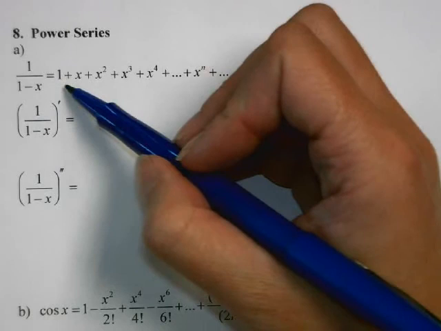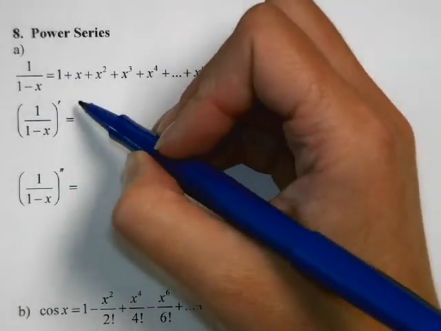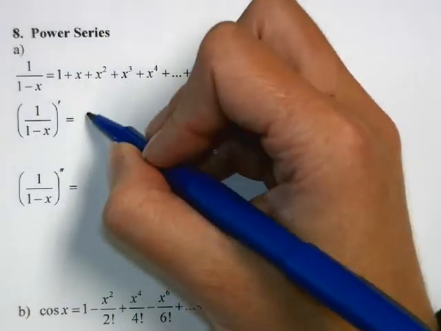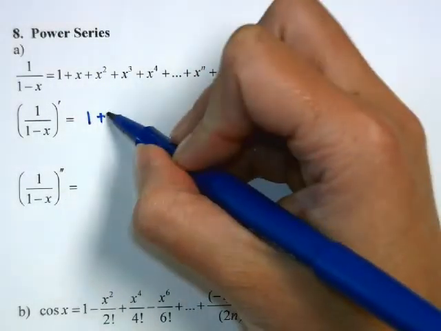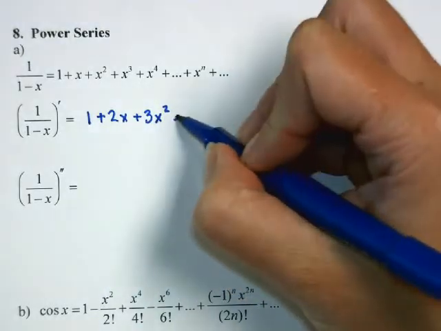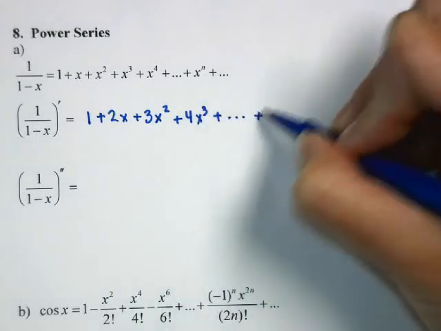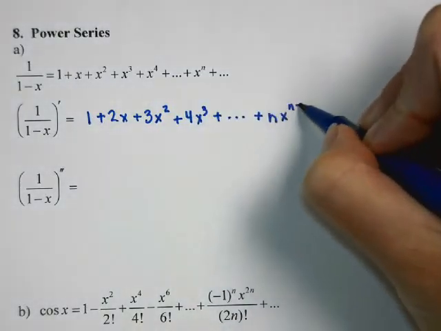So the derivative of this is going to equal the derivative of this power function. So derivative of 1 is 0. Derivative of x is 1. X squared is 2x. 3x squared plus 4x cubed, and so on. Nx to the n minus 1.